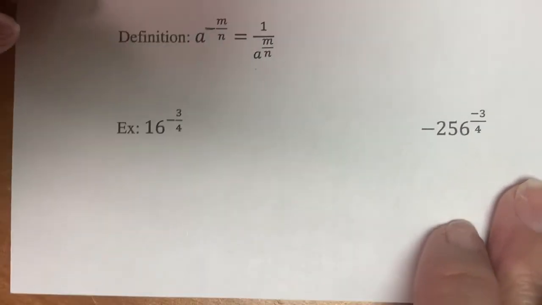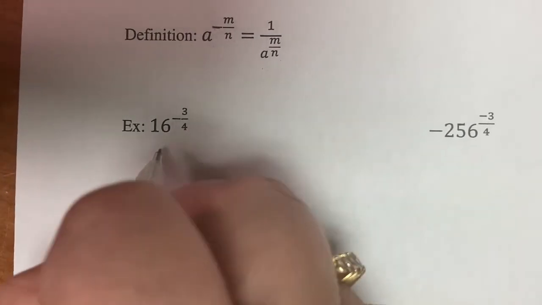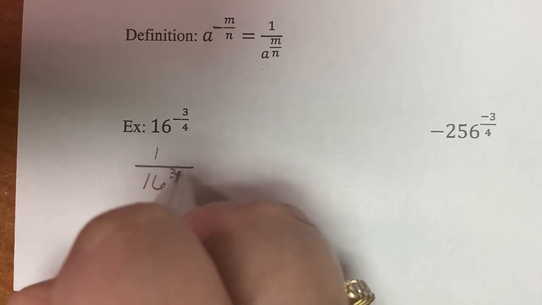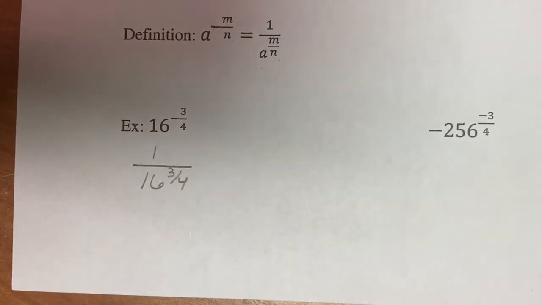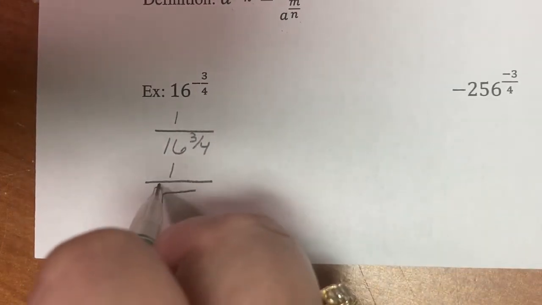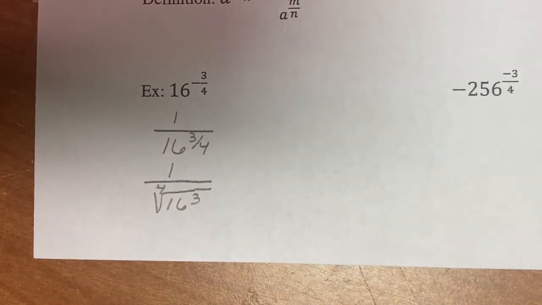So let's see what that's going to do here. The first thing we're going to do is change this to 1 over 16 to the positive 3/4. Well, then I'm going to change that to 1 over the 4th root of 16 cubed.